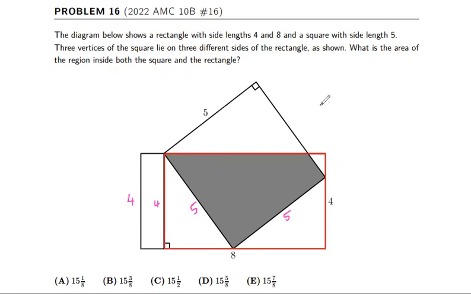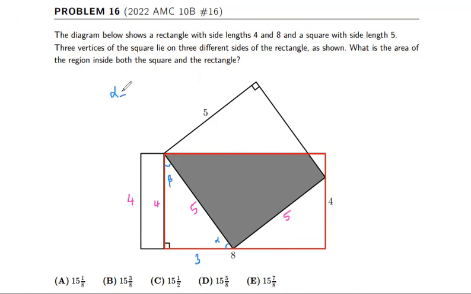I can't use side-side-side for triangle similarity, since I don't have three sides either. So I need to chase some angles. Before we do, this is 4, this is 5, so if we use the Pythagorean triple 3, 4, 5, that's just 3. That's something. But I'm going to label this angle as alpha and this one as beta.